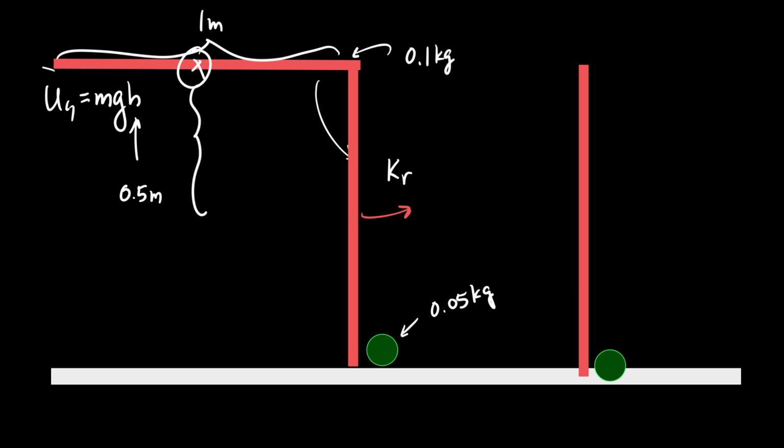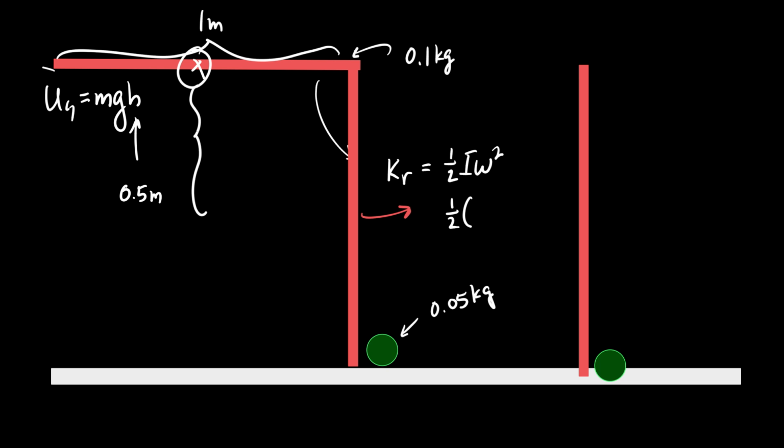All good so far? Now, this is going to be 1/2 I omega squared. This is how we get to figure out how fast it's going. Now that part's not hard, except I do need to know the moment of inertia of a rod about its end.